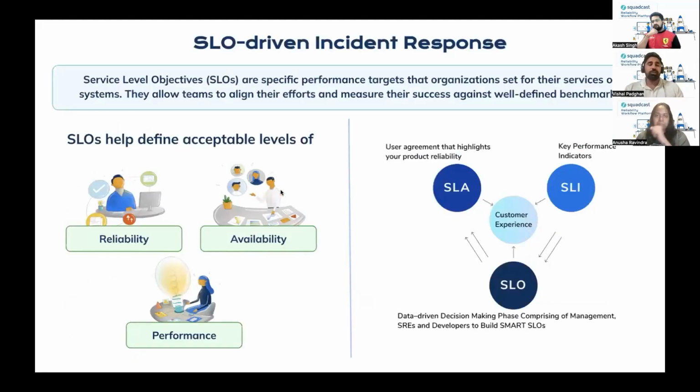Before I start talking about SLO-driven incident management or response, I'd like to talk about site reliability engineering. Site reliability engineering in general focuses on ensuring that your services or systems stay up 24/7, right? The current need of the market is to always ensure that services are available to customers or end users. Just like using WhatsApp, right? We don't want our WhatsApp to go down and probably create problems for anyone. So that is what site reliability engineering also does.